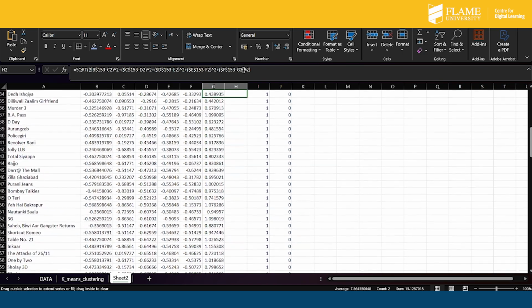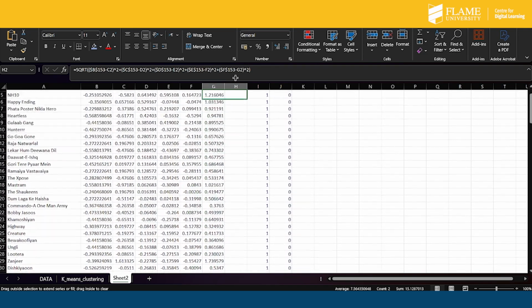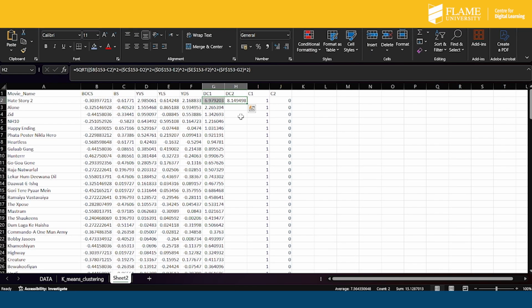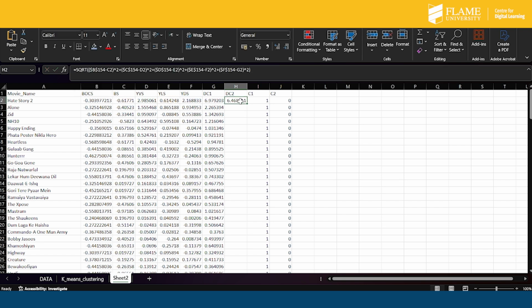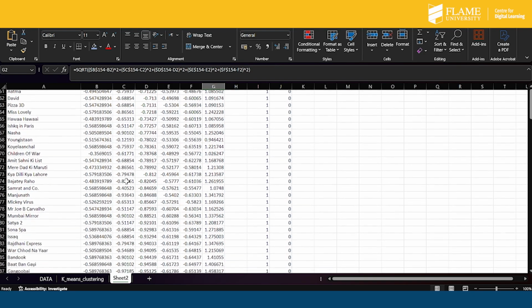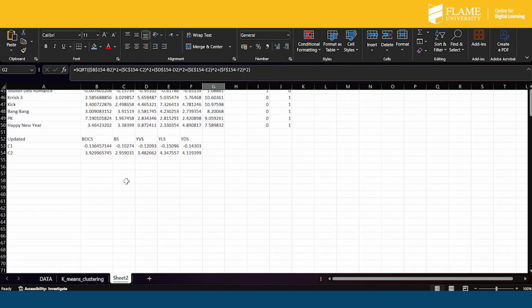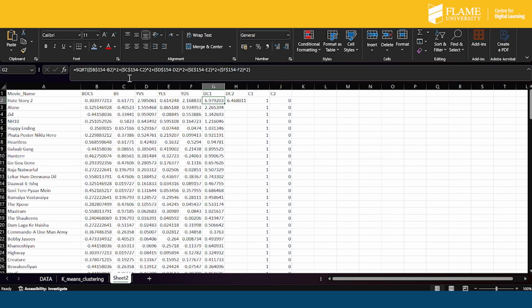If I drag the value, it's 153. I guess that's changed. Yeah, 153 and 154. So this will be 153.